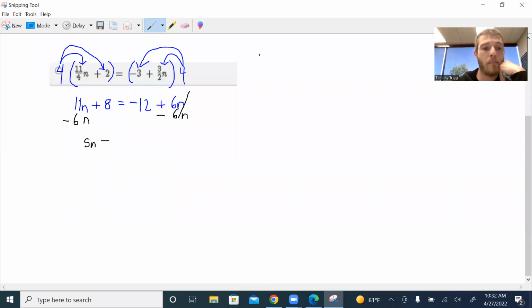So we have 5n plus 8 on the left, and we have a negative 12 on the right. Our next step would be to subtract 8 on both sides of the equation. This would give us 5n equals negative 12 minus 8. Well, these actually add together, don't they? Because they're both negative.